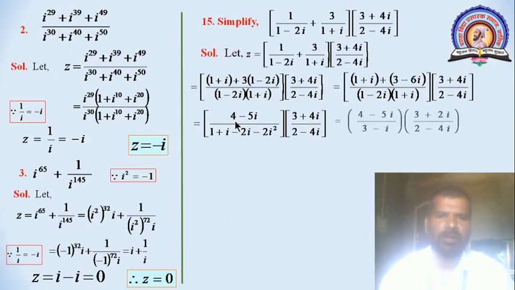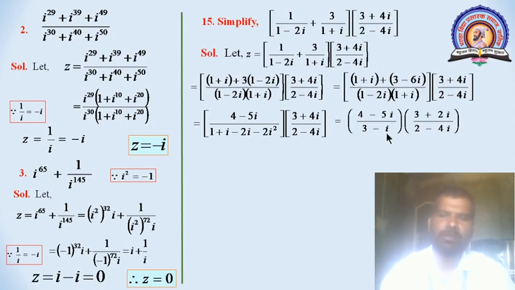So we will get 4 minus 5i upon 1 plus i minus 2i square. Put the value of i square as minus 1. We will get (4 minus 5i) upon (3 minus i) into (3 plus 2i) upon (2 minus 4i). Again we observe that on the numerator it is multiplication of two brackets, and on the denominator again multiplication of two brackets.